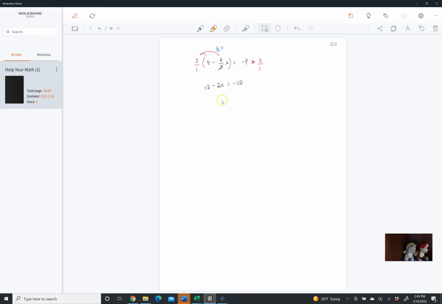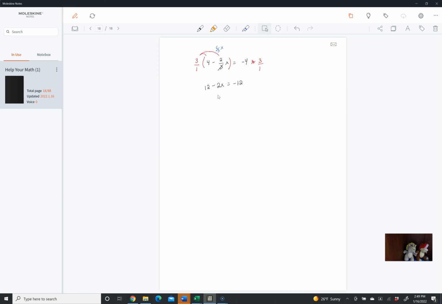That's what this becomes when you're multiplying. 3 times 2 is 6, and then 1 times 3 is 3. So that's where the 6/3 came from. And 6/3 is 2, so that's where this minus 2x came from. But some of you are really comfortable with just canceling. So 3 and 3 cancel, and we just get the minus 2x.